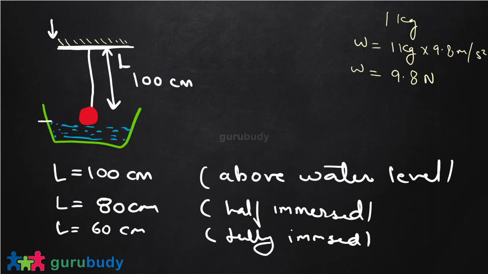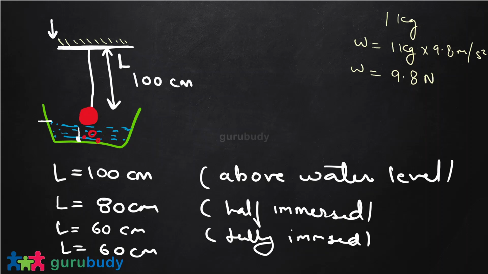And the last thing, this is important, this length will remain 60 centimeter even though I put the stone all the way down. It doesn't matter if the stone is here or here or here. The length of the string does not change.